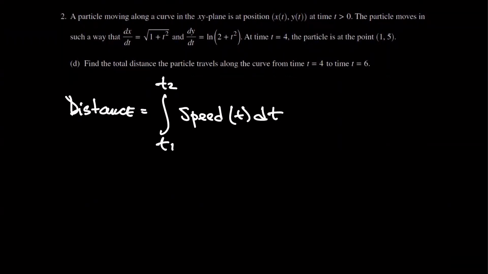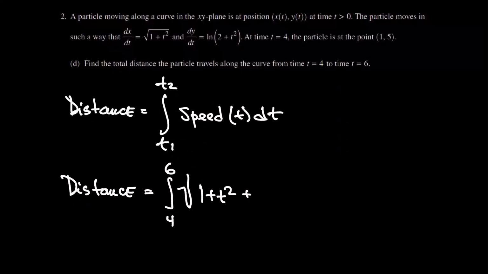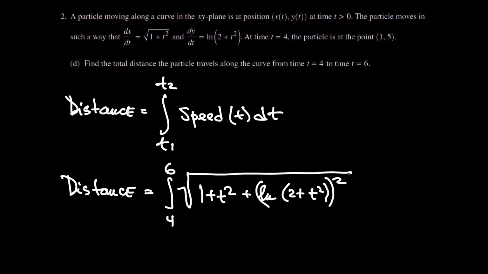So in our case, this distance is equal to the integral from 4 to 6, and the speed we calculated before is equal to the square root of 1 plus t squared plus ln(2 + t²) squared dt. And let's pull out our calculators and calculate that.